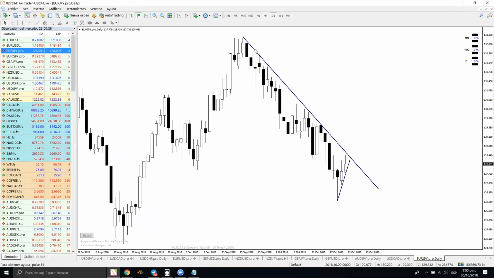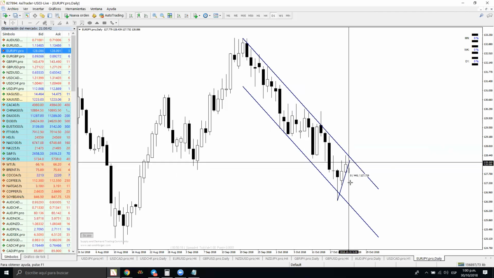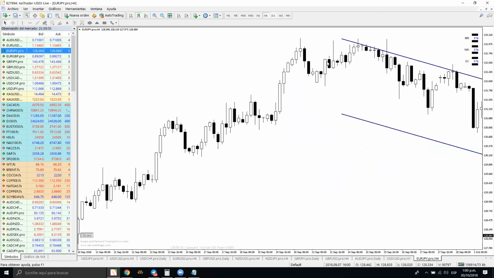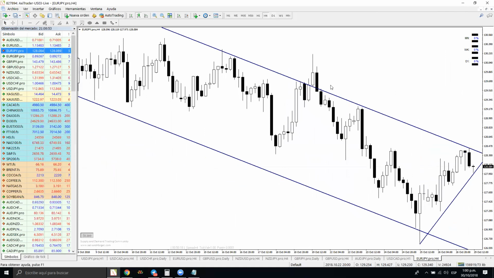At this point, we have this bearish channel. You can reproduce it here, with more target points, and now we are in a pullback in a downtrend. So the most likely thing is that the price at some moment tries to produce this little pullback, going back, and we're going with the trend. But we cannot see it on the daily. We are going to watch on H4.